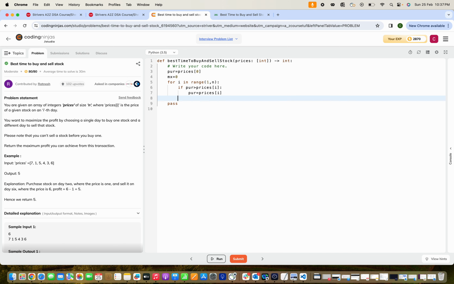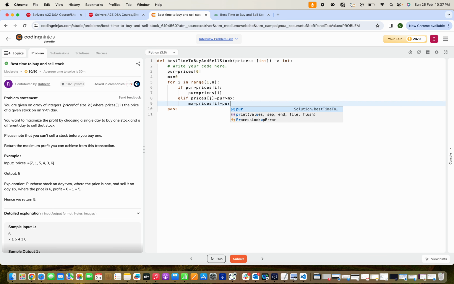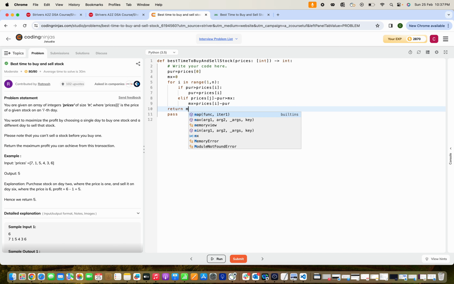If my purchasing amount is already less than the next amount, in that case I am going to check if the profit, that is the current element minus my purchased amount, is greater than my maximum profit. So I'll set my maximum profit as prices[i] minus purchase. And finally, we need to return the maximum profit.